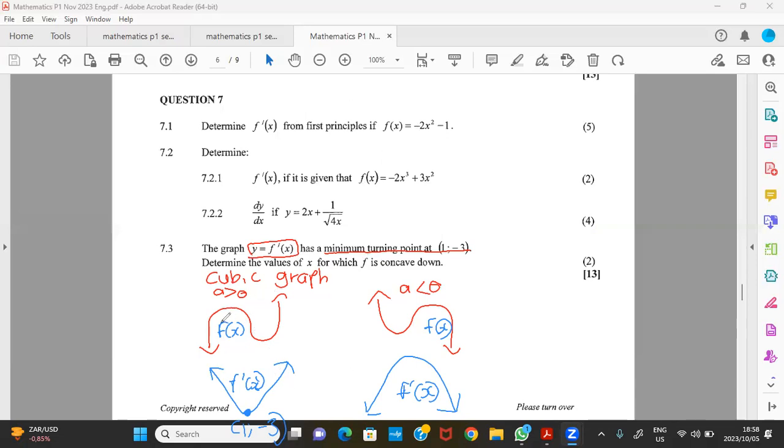As I was saying, there's a relationship between the graph and the turning points.